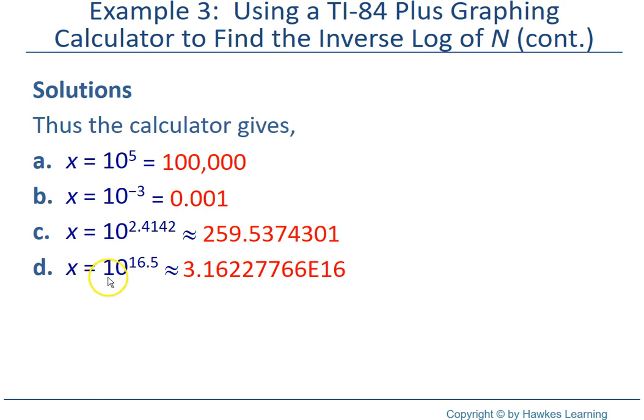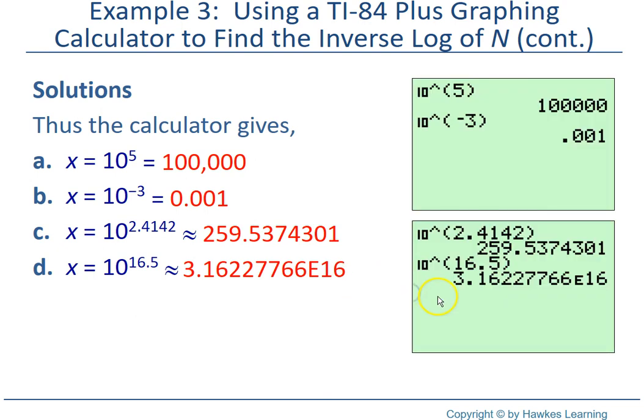Now, as you look at this, this is 10 to the 16th power. Notice they're showing this in scientific notation, sort of. So E is 10 to the 16th power. Take a note of this. This will show up on your calculator here.